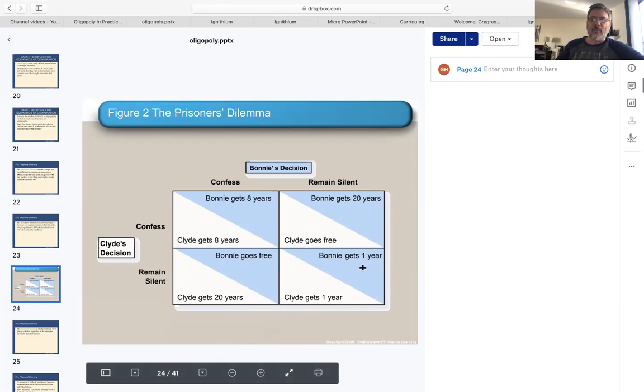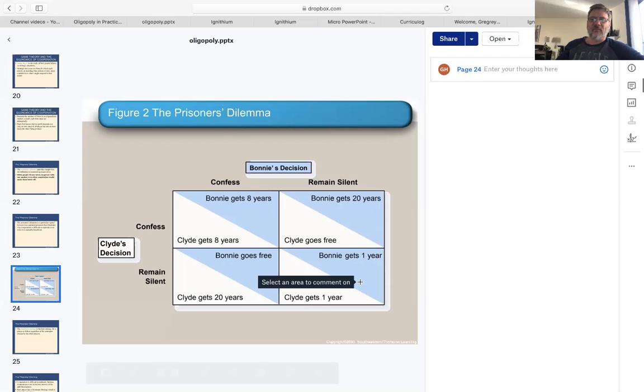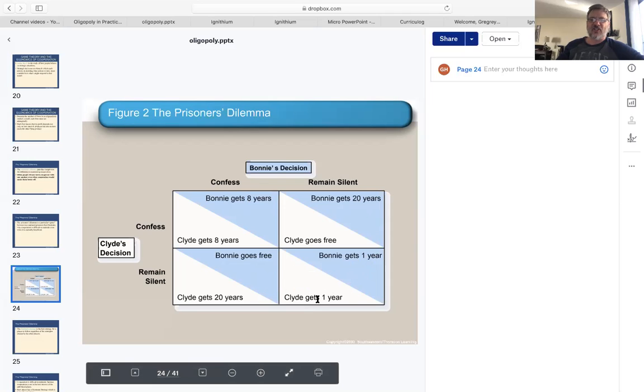And so the total number of years going to prison for the whole group is the lowest possible. It's just 2 years. If you add up all of the other options, where one confesses and the other remains silent, there's 20 years total. And when both confess, they're doing 16 years between the two of them.